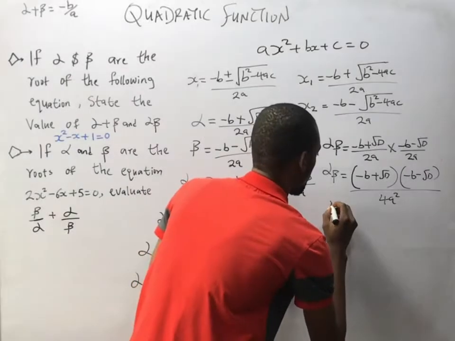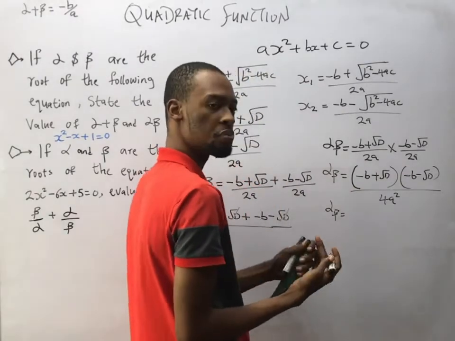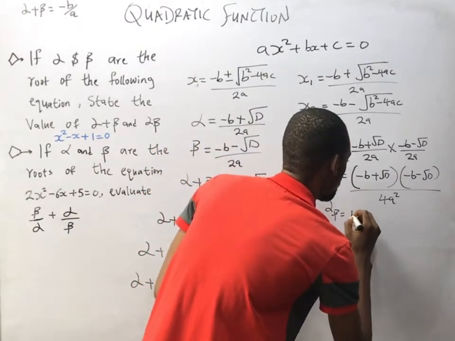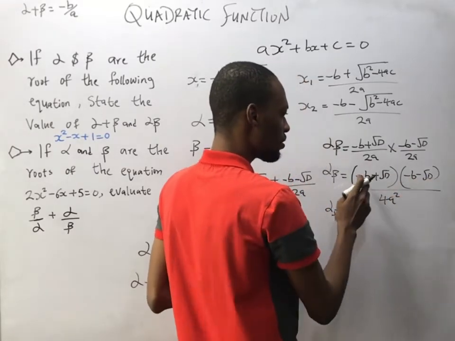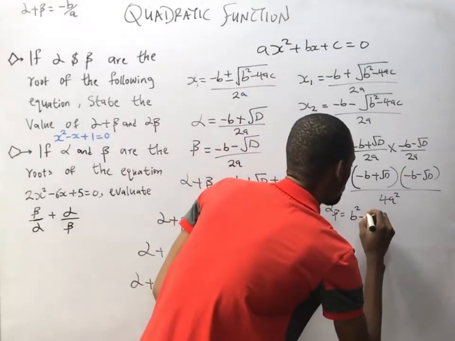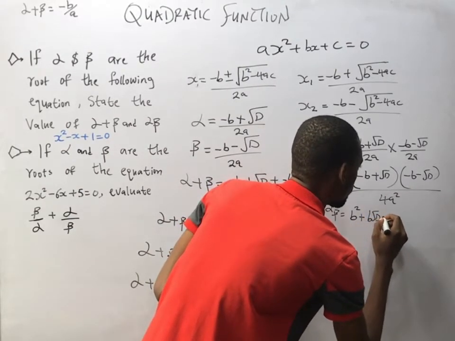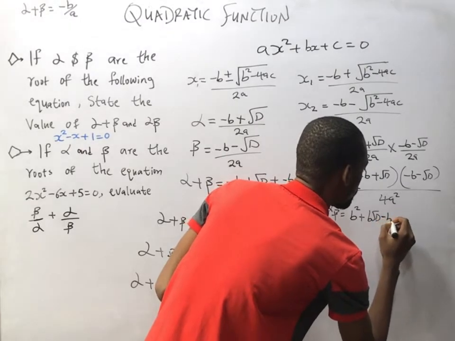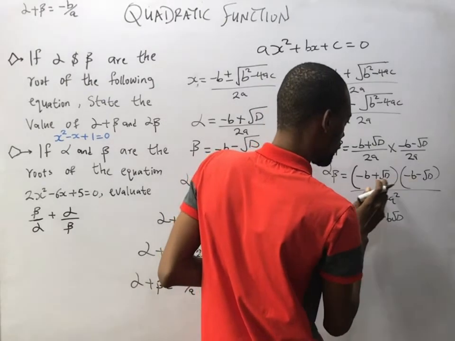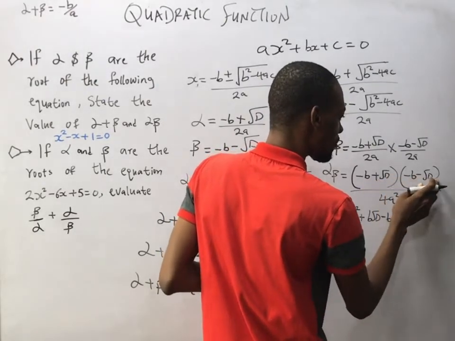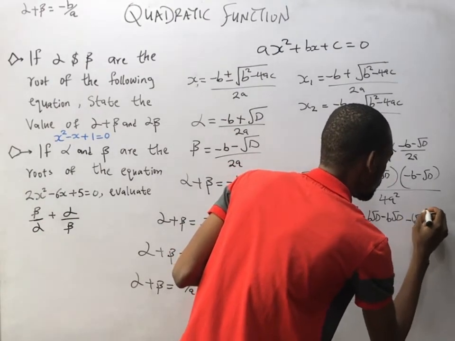Here I should be careful: the second factor has minus root d, so alpha beta equals minus b times minus b, which gives you plus b square. Then minus b times minus root d is simply plus b root d. So b square plus b root d, minus b root d, that's this times this, plus root d times minus root d, which is simply minus root d square.